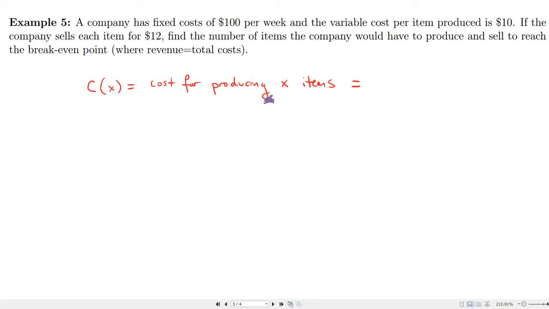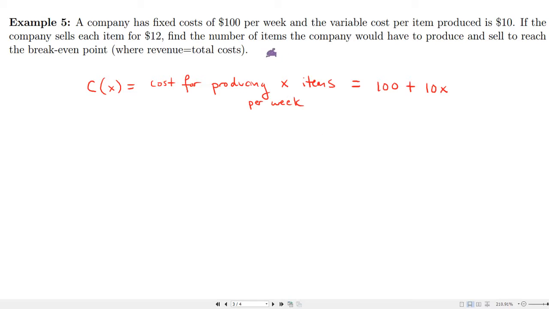So producing X items, per week. So the fixed cost would be 100, but then for every item that's produced, there was a variable cost of $10. So that's going to be 10 times X. Okay. So that's the cost of producing X items per week.